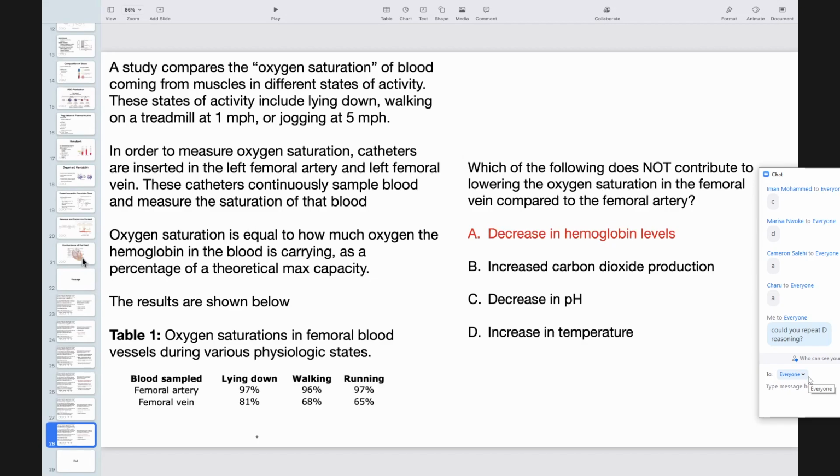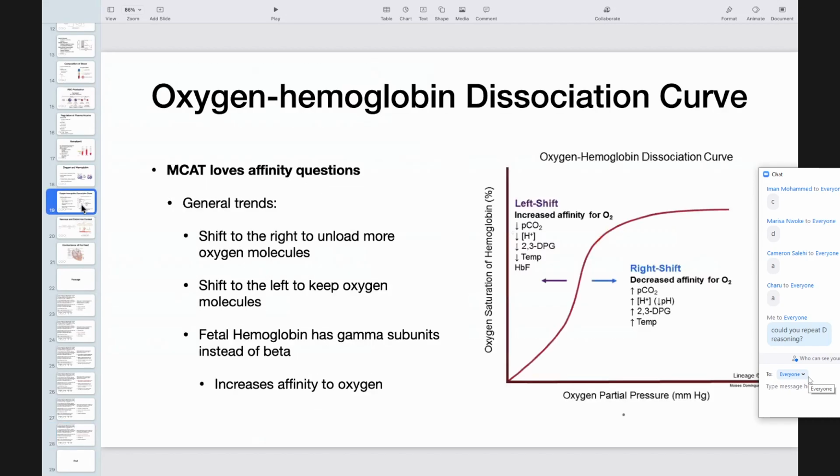And then the reasoning for D, so increase in temperature. If we go back over here, an increase in temperature is going to decrease the affinity for O2. And so rather than hold on to the O2, the hemoglobin is going to kick it off. If it kicks off the O2, its saturation is going to drop.